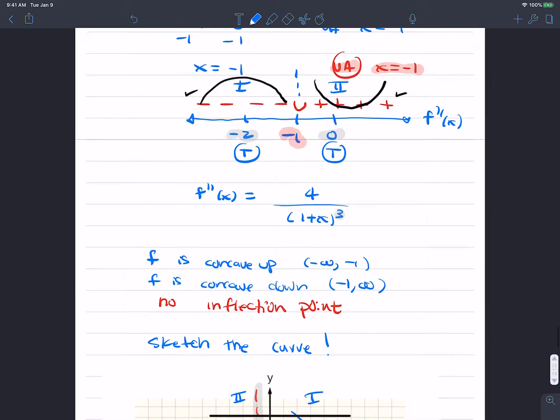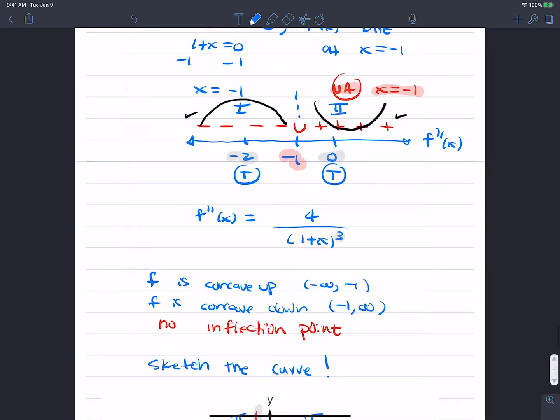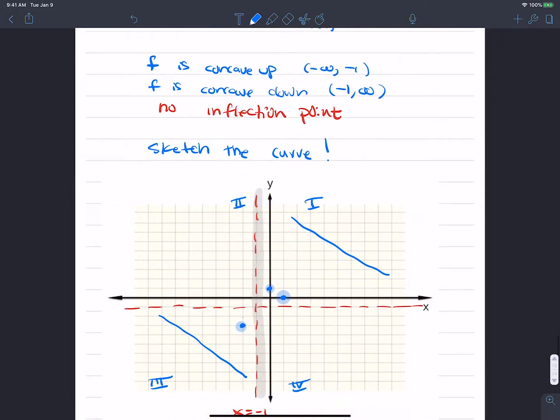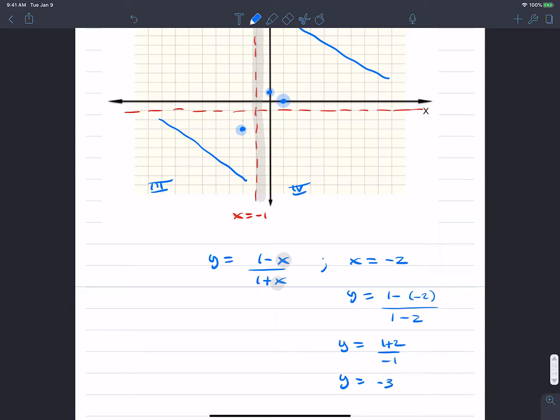And then we know about concavity again, and to the left of -1 here, you're concave down. To the right, you're concave up. So you might say, what does that mean? Well, we have to hold water and not hold water. Not holding water, how does that look? That looks something like this, right?